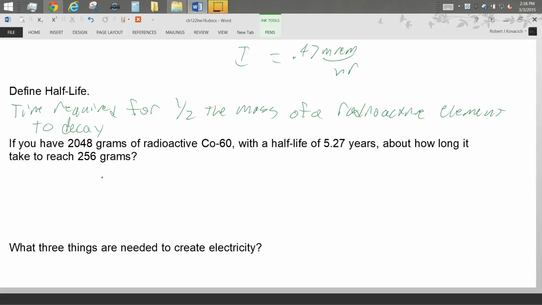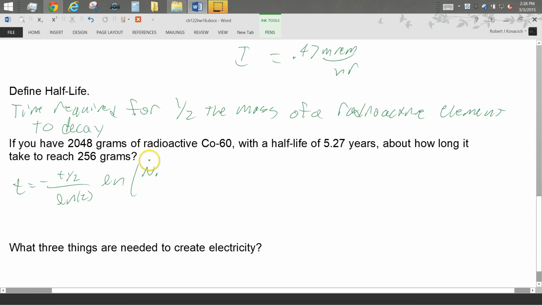Okay. How long? So I need a time here. So the time is equal to negative half-life divided by the natural log of 2 times the natural log of what I end with divided by what I started with.